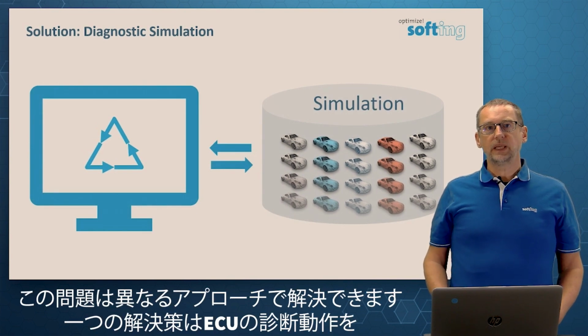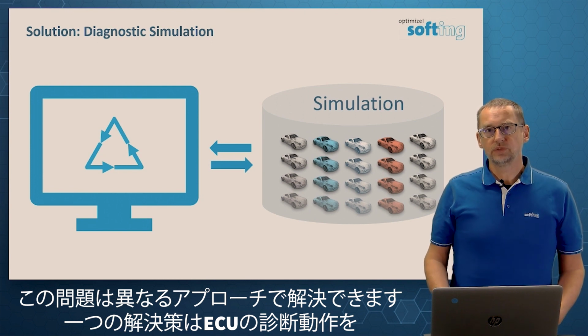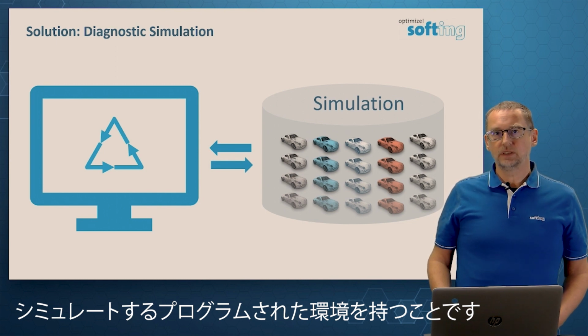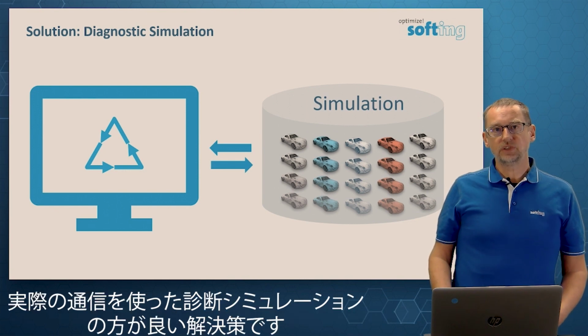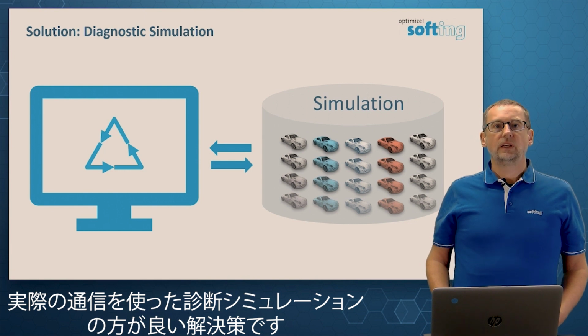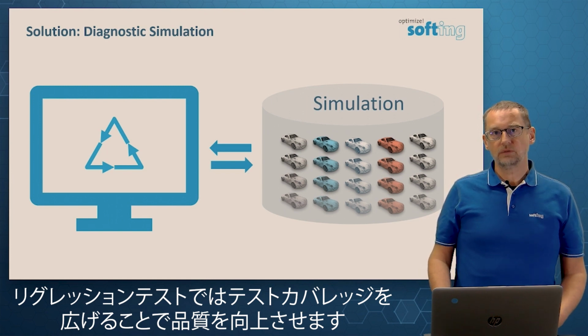The problem can be solved by different approaches. One solution would be to have a programmed environment which simulates the ECU's diagnostic behavior. But this is too complex and time-consuming in most cases. A diagnostic simulation with real communication is a better solution. For the regression test, it increases the quality by allowing greater test coverage.